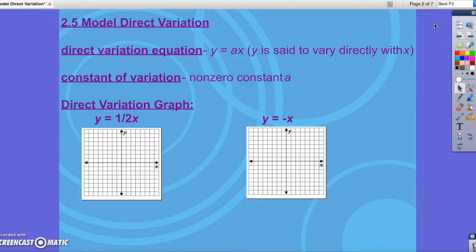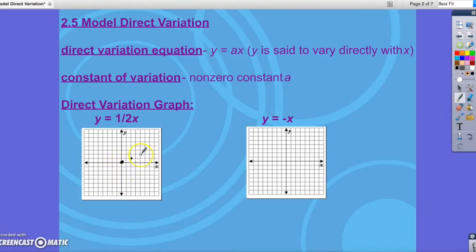Now, direct variation graph, I'm going to show you 2 of them to see how to graph them. And honestly, you've gotten a lot of practice with graphing lines, so you shouldn't really have too much trouble. I have no y-intercept or b, so my first point starts off at the origin 0, 0. Now, the slope works exactly like you would graph any other line. 1/2 means I go up 1, right 2.